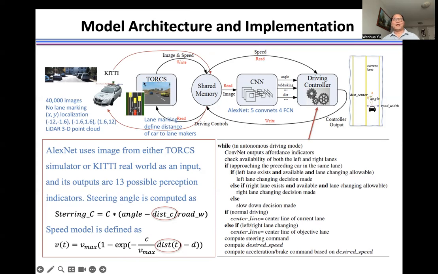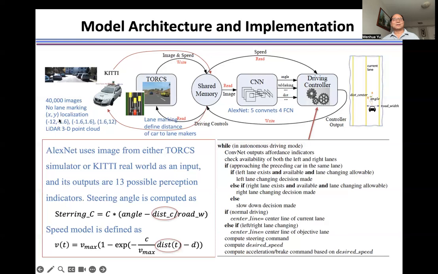However, in the real world, for example on the KITTI training dataset, most of the roads have no lane markers. However, because the training dataset has a 3D point cloud, we can easily use the point cloud to determine the distance between the self-driving car and the nearby cars.